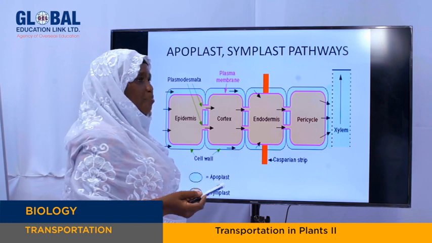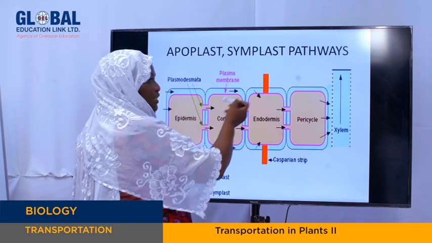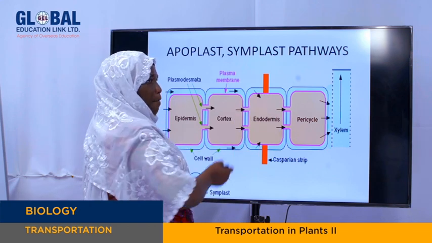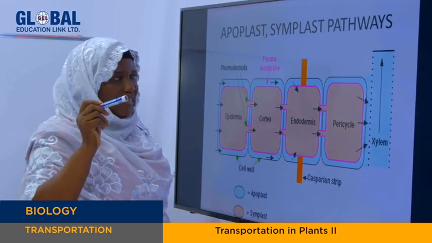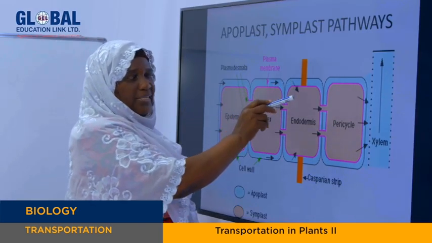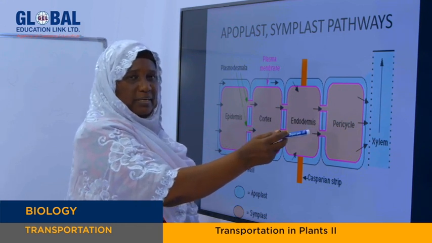Suberin materials prevent water and minerals from passing through. It means they are waterproofing materials. That is why they now force water to enter the protoplasm of endodermis.